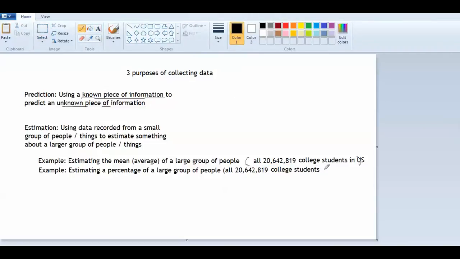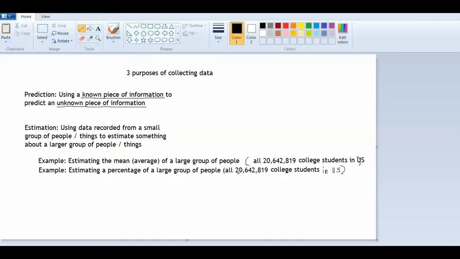So what percentage do we want to estimate? Maybe we're interested in what percentage of college students in the US live with their parents. So maybe we want to know, out of all of these college students in the US, what percentage lives with their parents? If we wanted to actually calculate the exact percentage, we would once again have to record data from every member of this group of people.